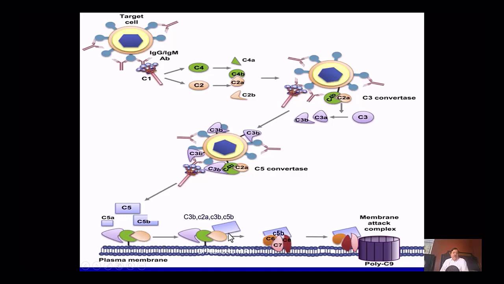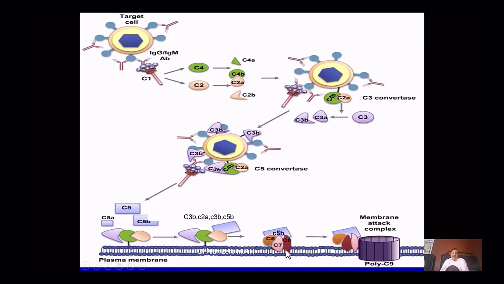When C5 is combined with it, it activates C6, C7 and C8. When this complex is formed, it activates complement 9, and multiple C9 proteins join together in a cylindrical fashion and make a structure which is called the membrane attack complex.